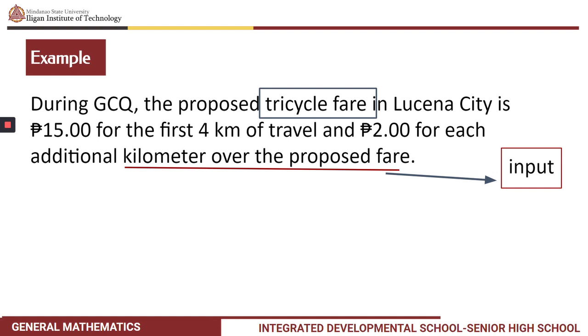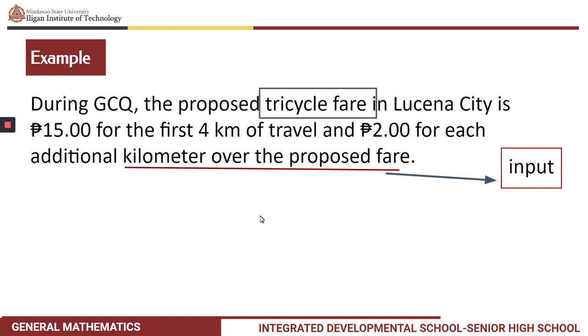So, kahit 1 kilometer lang yung destination mo, the same ang babayaran mo with the person na magta-travel ng 4 kilometers. So, ayan yung ibig sabihin ng first na statement. Tapos, sabi dito is 2 pesos for each additional kilometer over the proposed fare. So, if lagpas ka ng 4 kilometers, say 5, 6, etc.